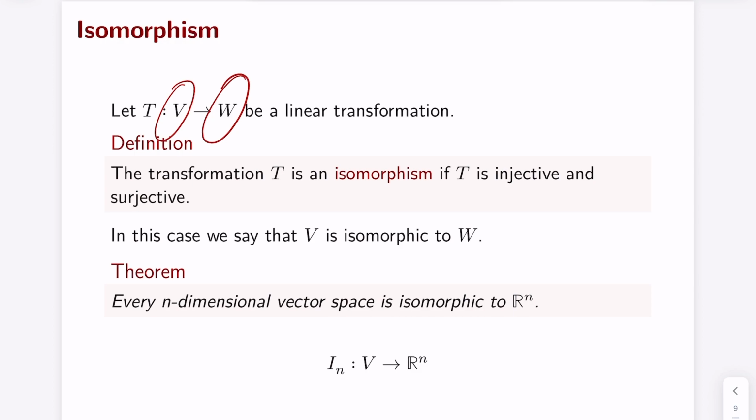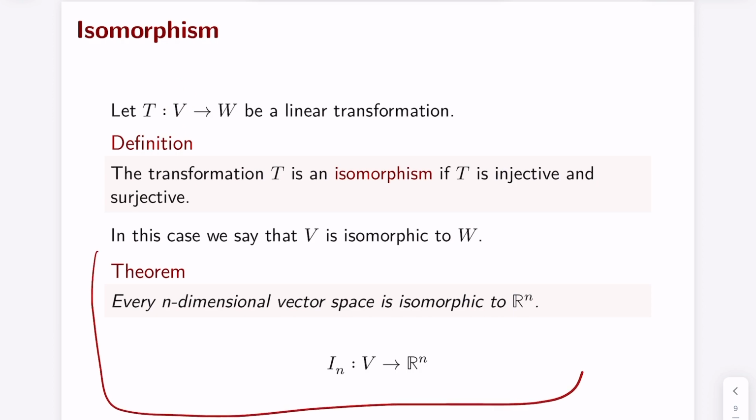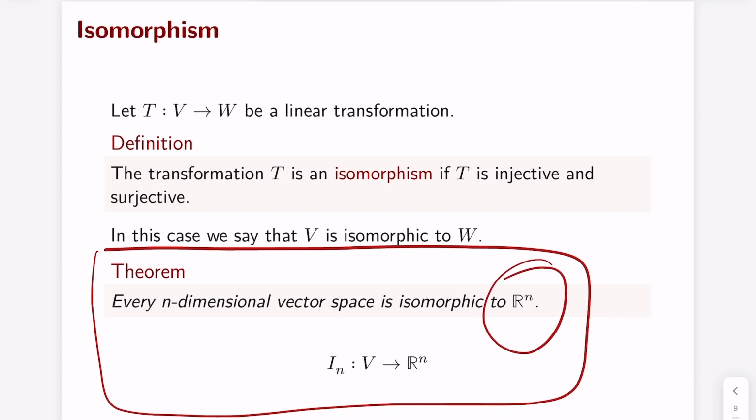Let's say it is an idea of sameness, so if the spaces are isomorphic, in some way they are the same. And a very important theorem in linear algebra says, surprisingly, that all vector spaces of dimension n are isomorphic to Rn.